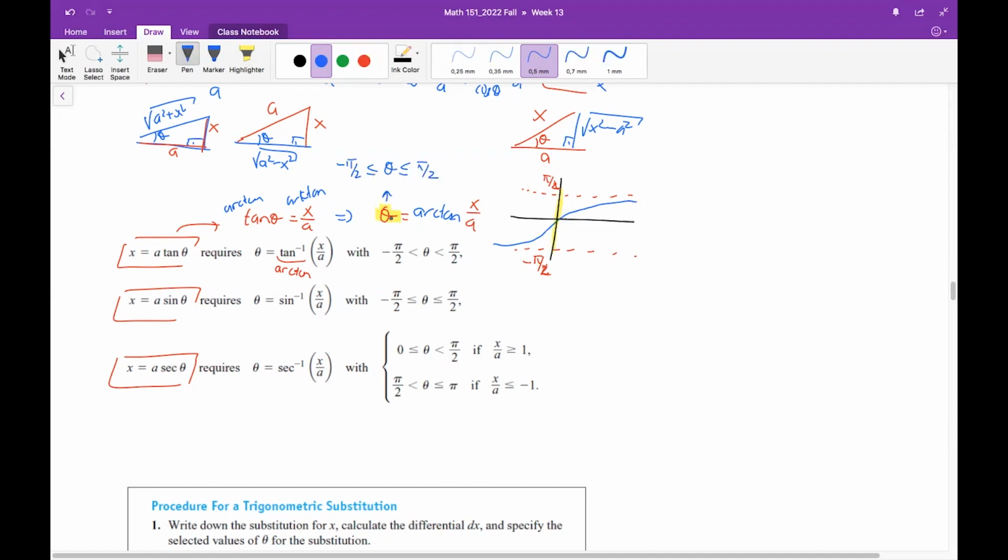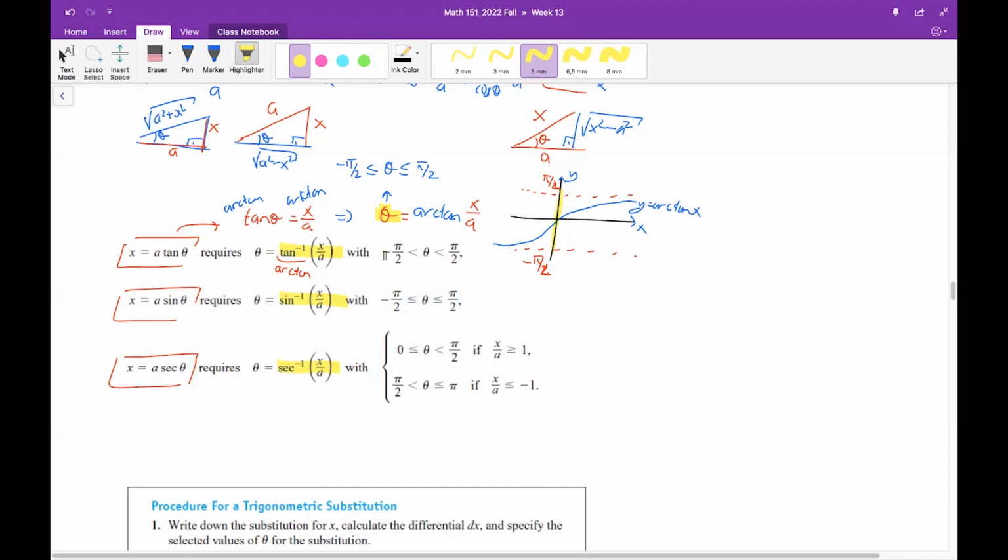Why is it like this? Because it is the image of the arctangent function, where the graph behaves like this. The images are between minus pi over 2 and pi over 2. So these are the restrictions, and similarly also for arcsine and arcsecant, which were covered before in the section on inverse trigonometric functions.